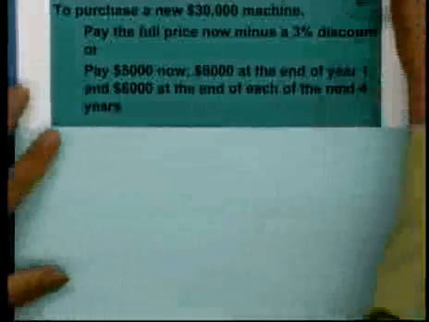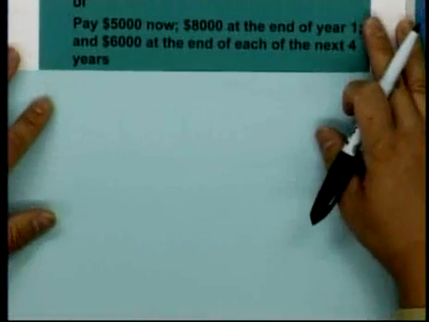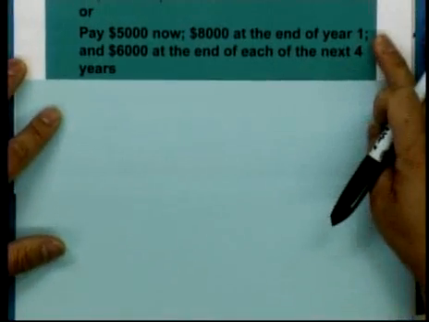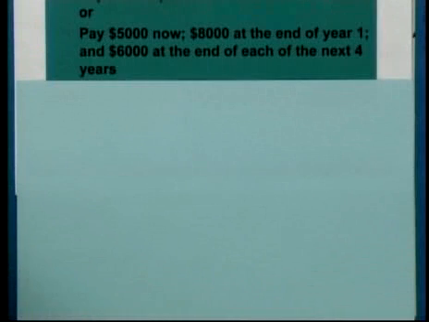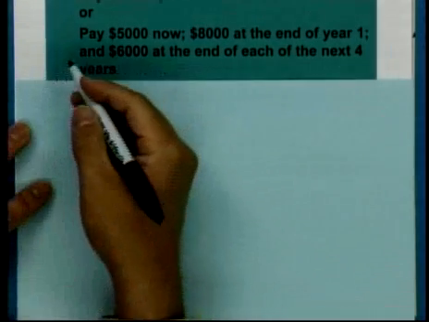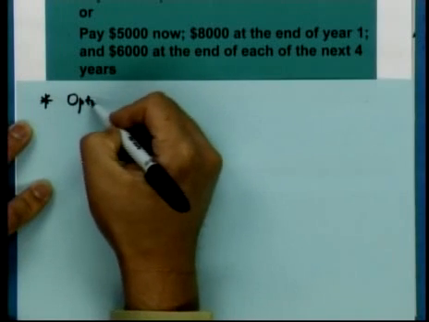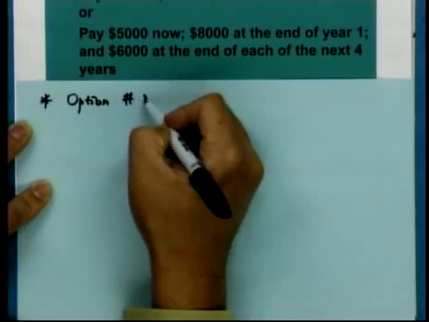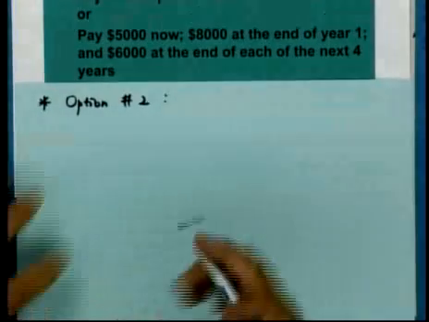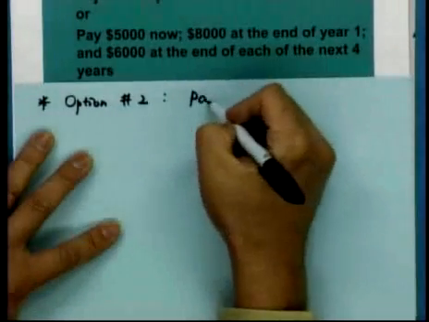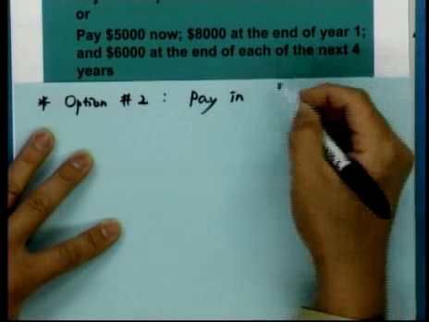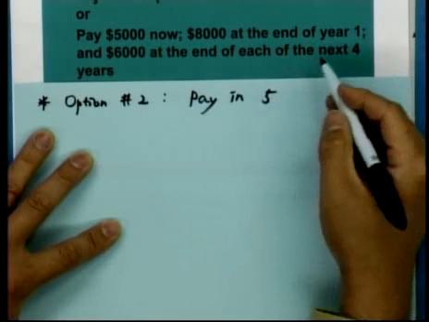Okay, then what about option number 2, which is pay in 5 years, right?